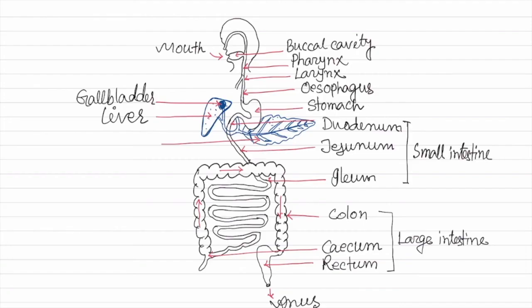Pancreas, another digestive gland of the human digestive system. Pancreas produces different types of biochemical substances that help in digestion.